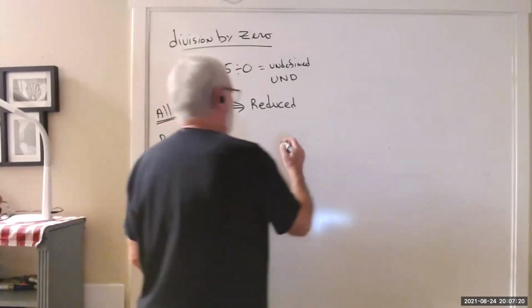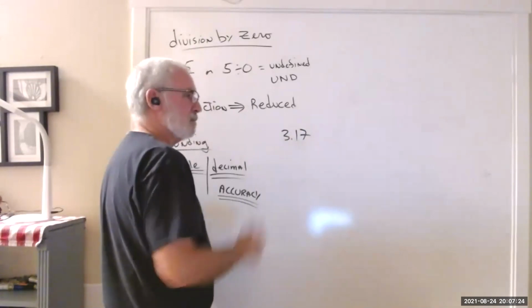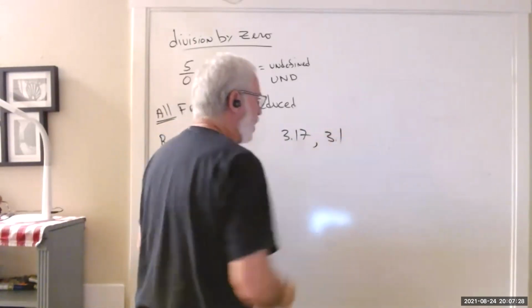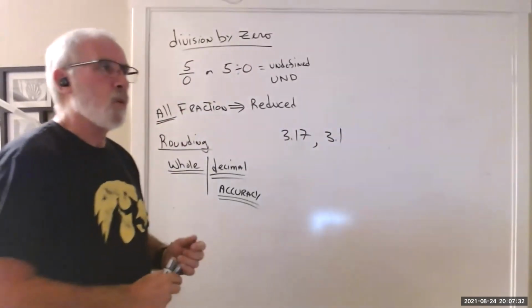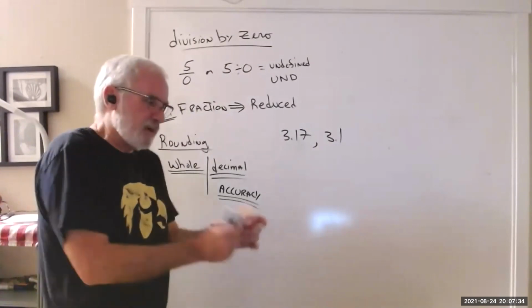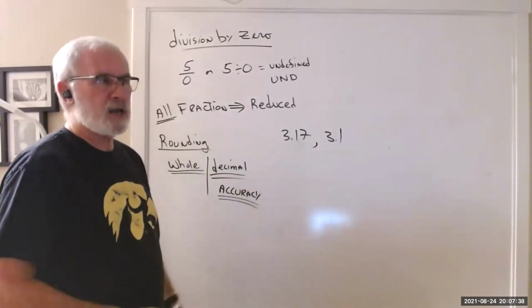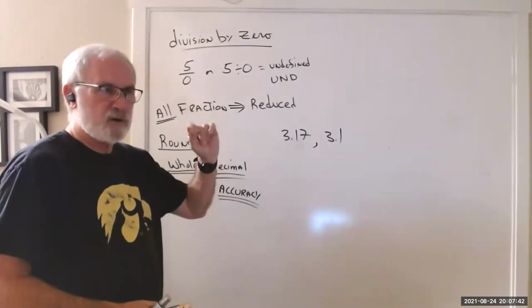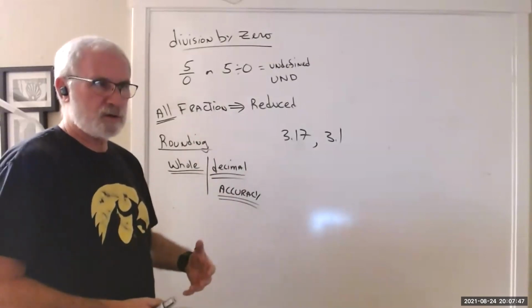So for example, suppose you had 3.17, or you had 3.1. Let's say somebody was measuring something on a line, or measuring how thick a piece of steel, metal was, whatever. Which measurement is more accurate?